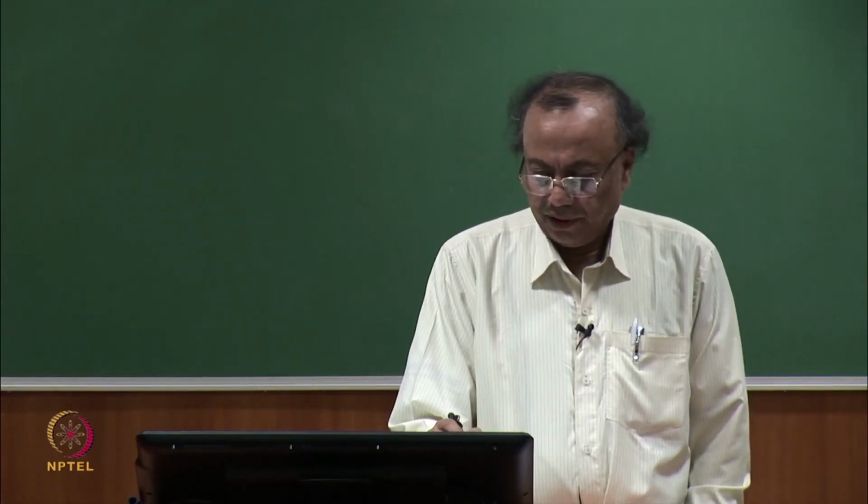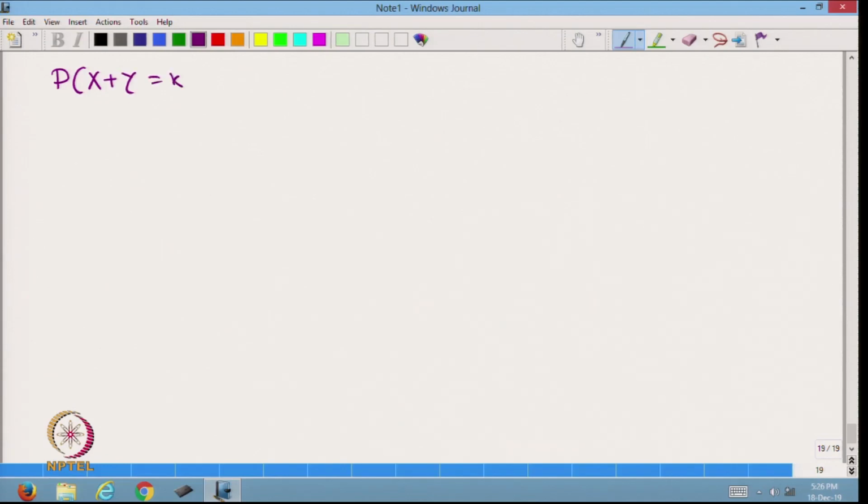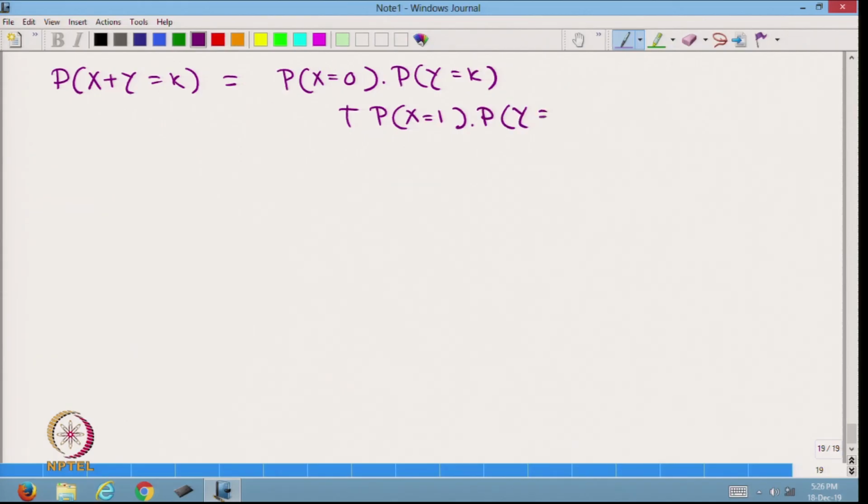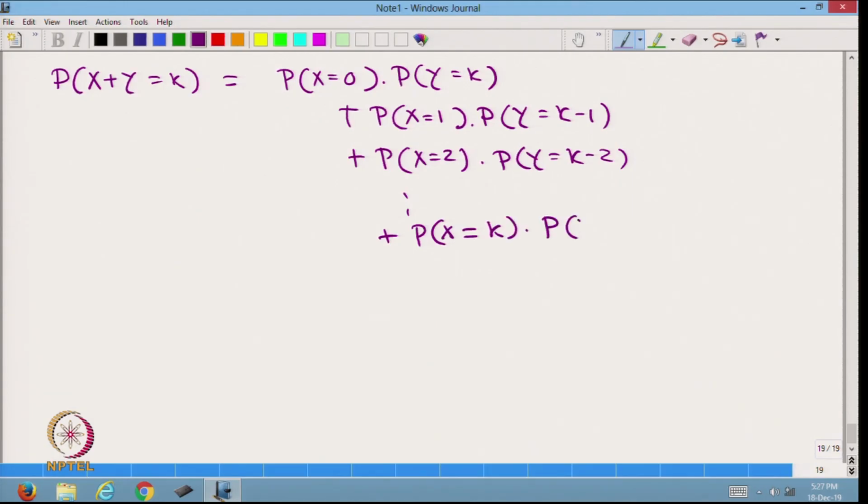Then probability x plus y is equal to k, like the previous example, we are writing as probability x is equal to 0 multiplied by probability y is equal to k, plus probability x is equal to 1 multiplied by probability y is equal to k minus 1, plus probability x is equal to 2 multiplied by probability y is equal to k minus 2, up to probability x is equal to k multiplied by probability y is equal to 0.